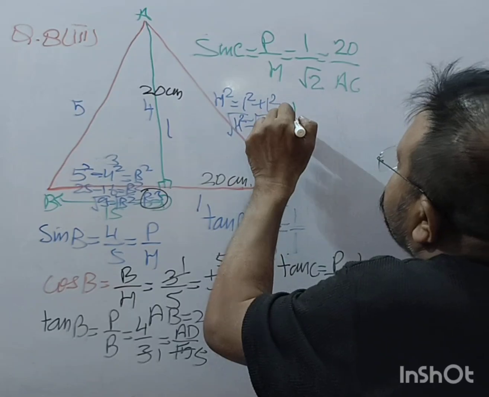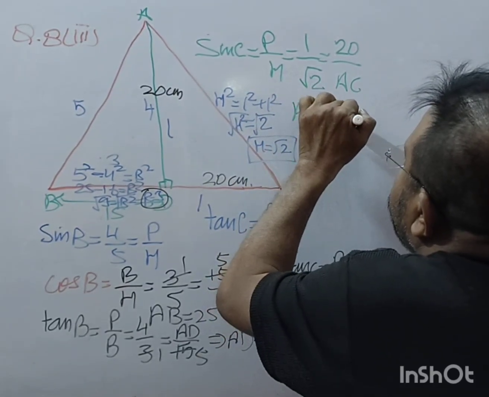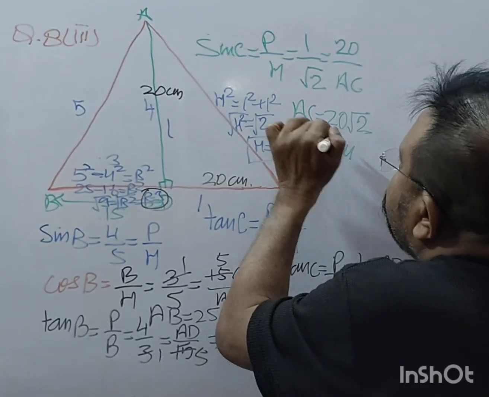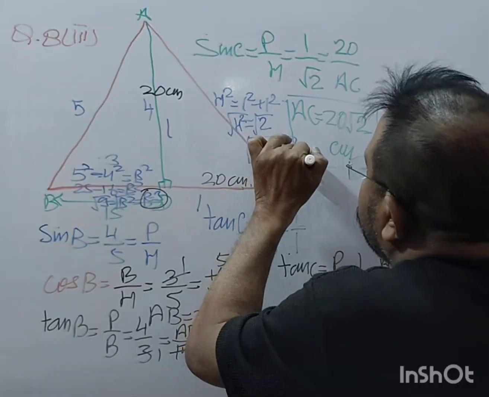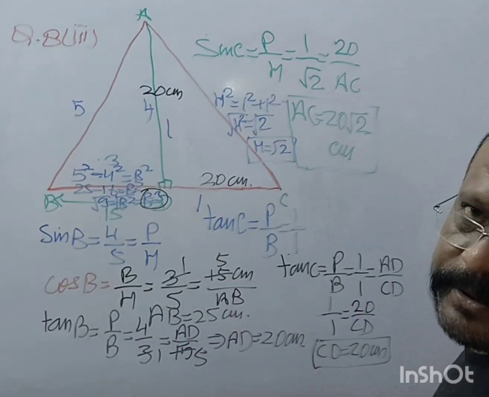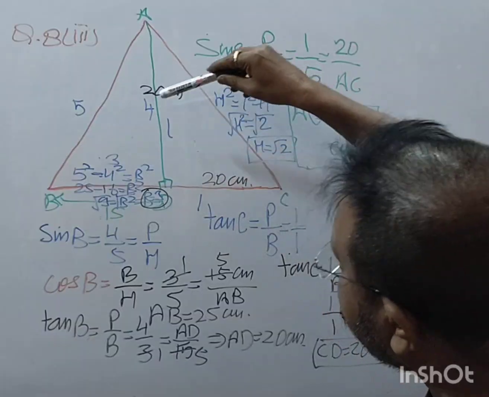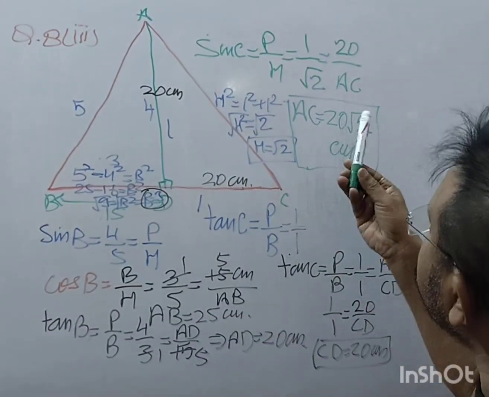So AC is 20 root 2 centimeter. You get it? This is the ratio we have, and with the help of ratio, we find the sides.